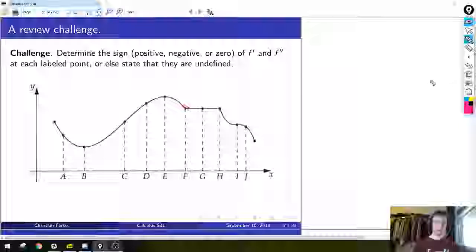Is that true? No, it's hard to tell. I would have to zoom in. Maybe it just doesn't exist there. I can't tell by looking at nearby points if I draw a line between 2 points nearby. No, it won't be convex here because it's constant on the right. So if I pick a point on the right and connect it, that's never going to lie above or below the graph. It's always going to touch the graph.